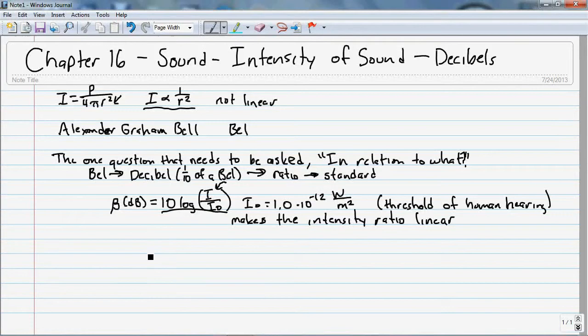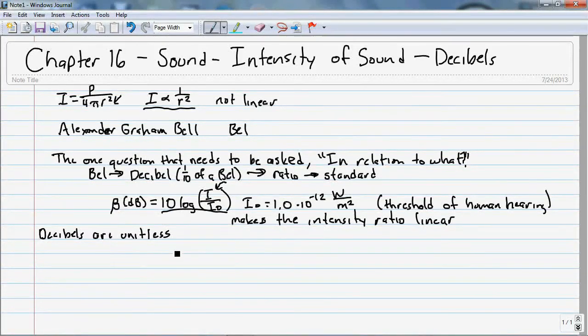That's the main reason why we use this decibel formula. Now, remember that decibels are unitless. As I mentioned, we put dB there just so that we know that we're talking about this ratio.